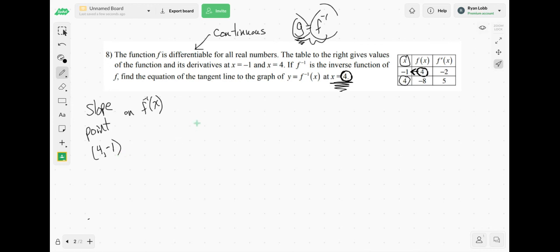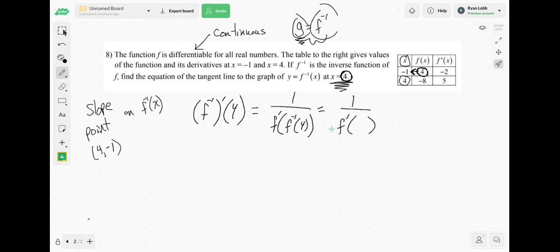And now the other thing I need is the slope. I need f inverse prime of 4. I need the slope at 4, -1. Well, that's going to be 1 over f prime of f inverse of 4, which would be equal to 1 over f prime of what? What's f inverse of 4? Well, if this is the point on f inverse, 4, -1, that means f inverse of 4 is -1.